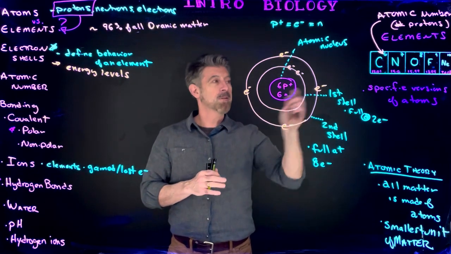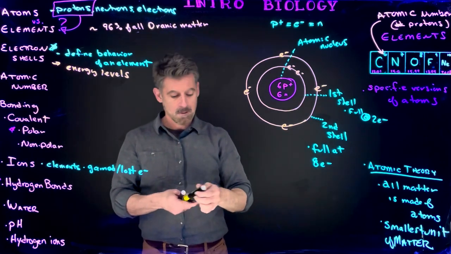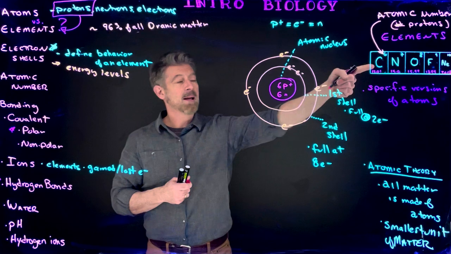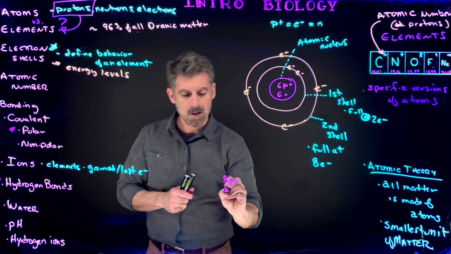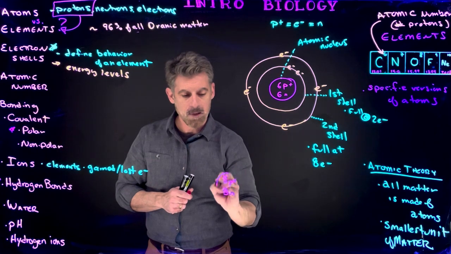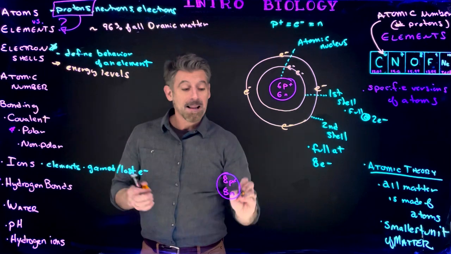So let's say, what's the difference between a carbon atom and an oxygen atom? So go down here. Oxygen has an atomic number of 8. Right, so that'd be 8 protons, 8 neutrons in an atomic nucleus. And it's going to have 8 electrons, right?